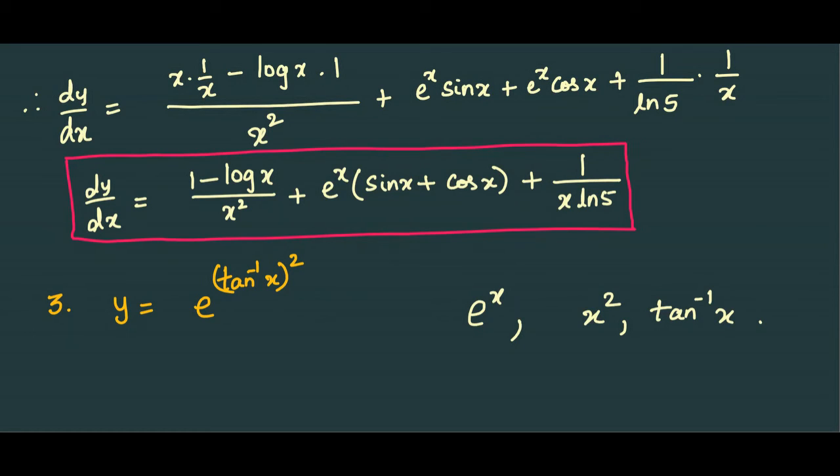So if y is e power u, now u is v square and v is tan inverse x. So it is like this.